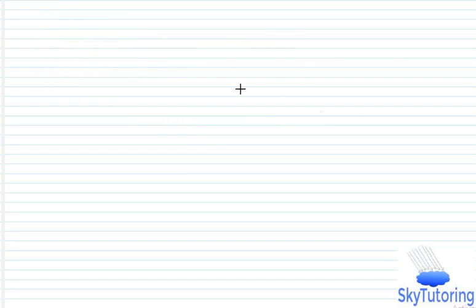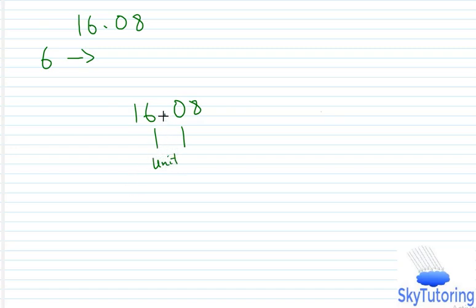Let's say we have 16.08. What will be the place value of 6? Before the decimal point, we have units as the first digit, followed by tens. After the decimal point, it starts with tenths.